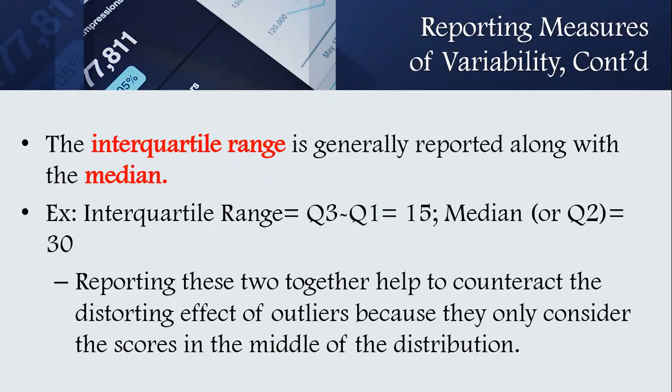And finally, the interquartile range is generally reported along with the median. Reporting these two scores together helps to counteract the distorting effect of outliers because they only consider the scores in the middle of the distribution.